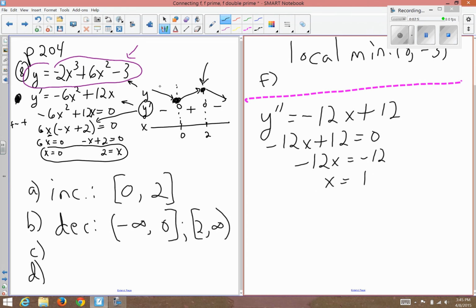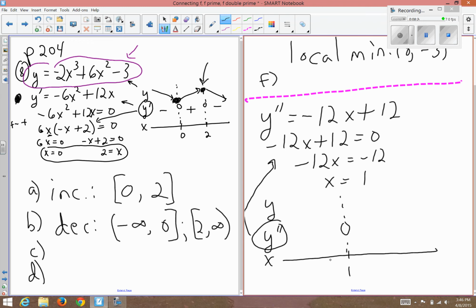We're going to make a chart similar to this one, but instead of y prime, x, it's y double prime, x. And this time the only important number is 1. When x is 1, y double prime is 0. Important labels. Stick a number that's smaller than 1 into y double prime.